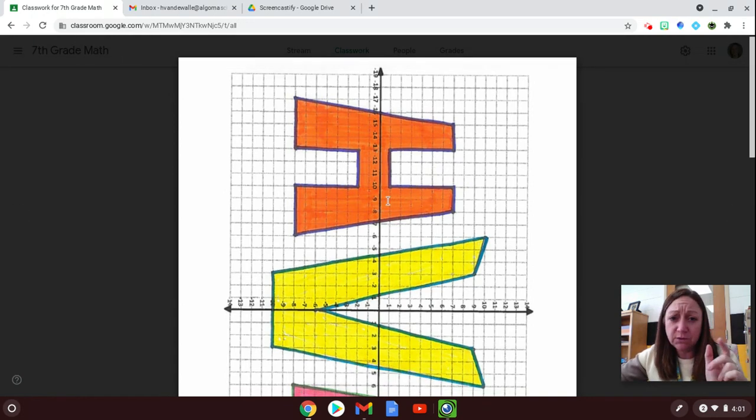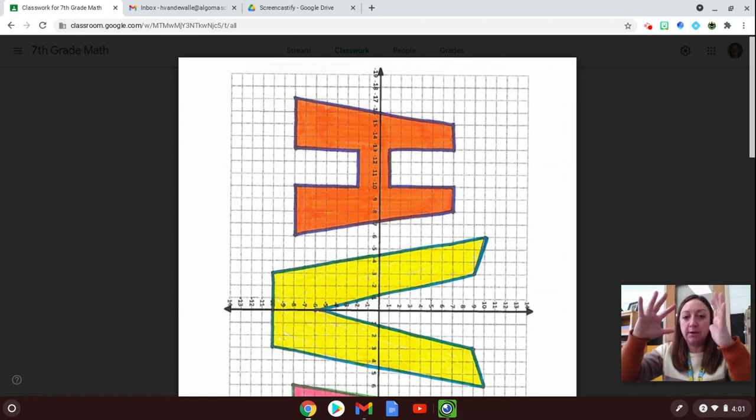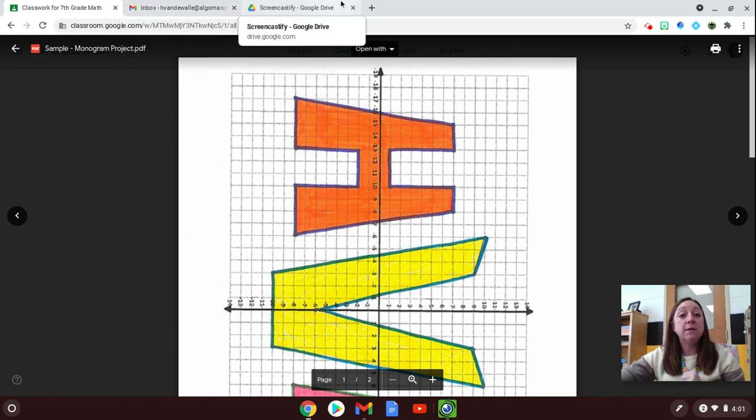I'm not going to do it now because the last time I did, it messed up my whole video. Right above the 4 key on your Chromebook, you're going to see a little circular arrow. If you hit Control Shift and that arrow, it's going to rotate your screen. So you should be able to turn anything that's sideways onto its side, and that's going to help you out quite a bit. Please let me know if you have any questions on this project.